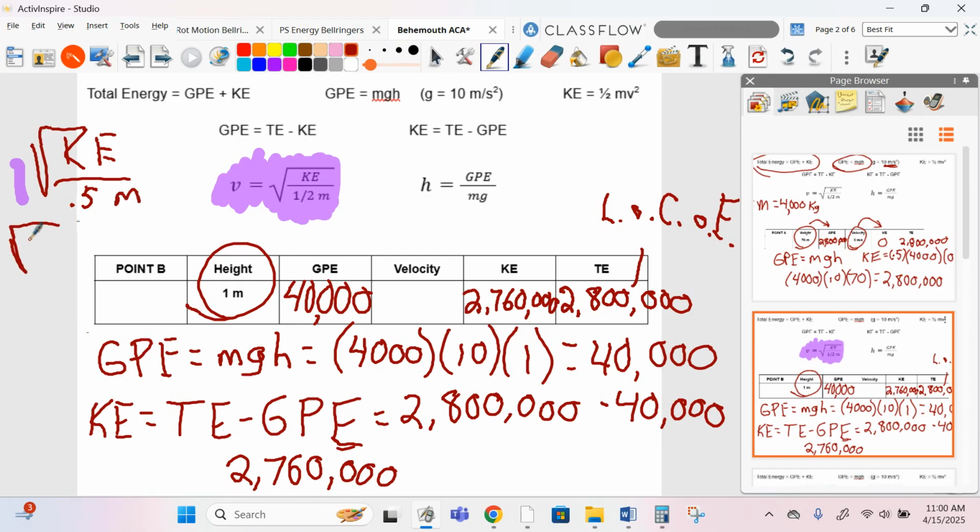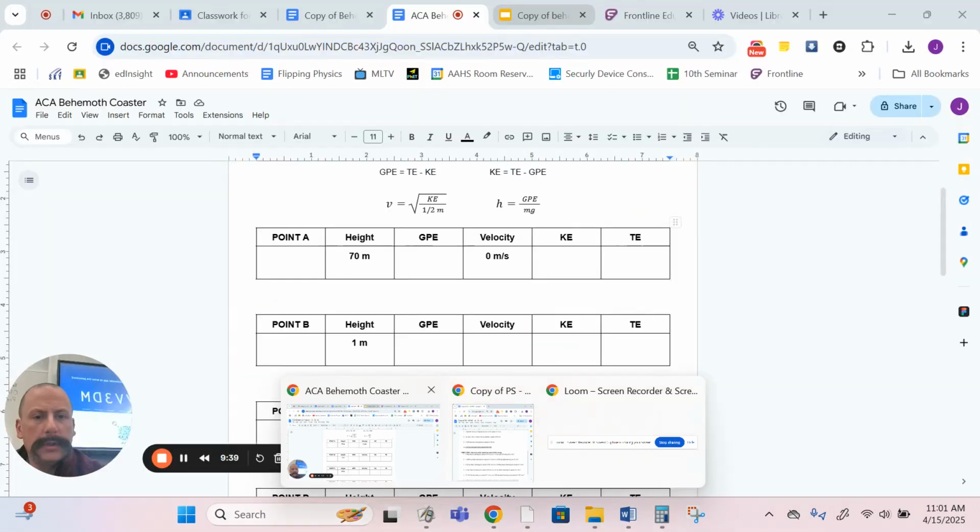Well, I want to take the square root of what's the kinetic energy at this point? It's 2,760,000 over 0.5 times the mass of 4,000. Now, little trick when you're doing this.